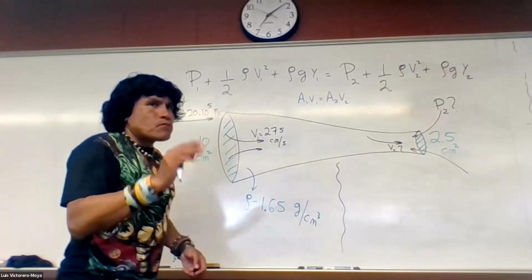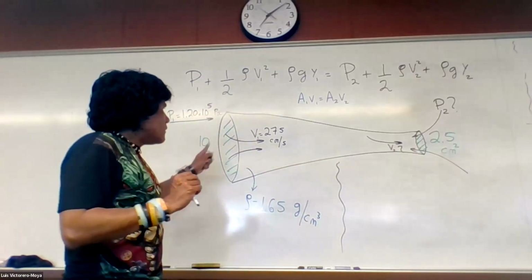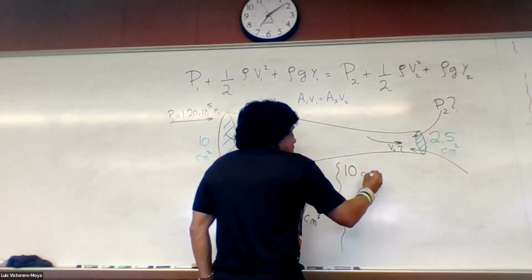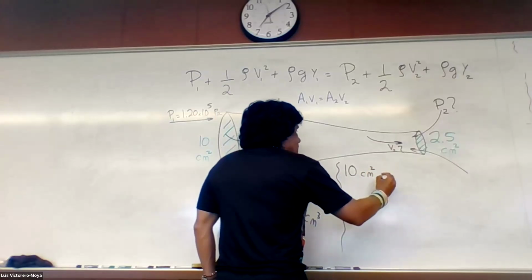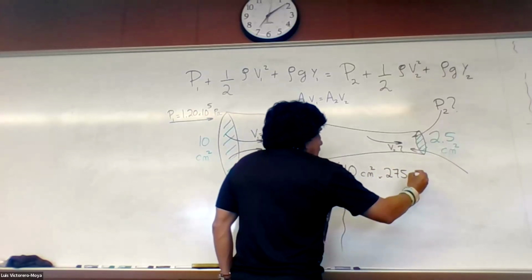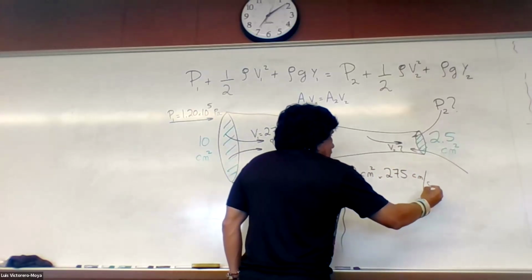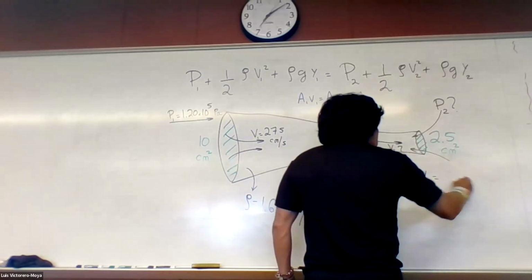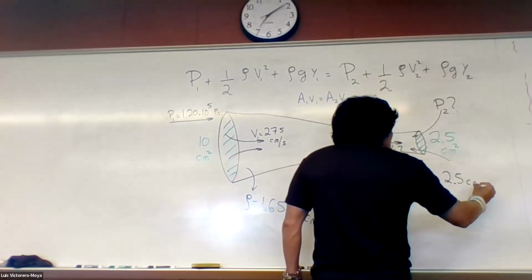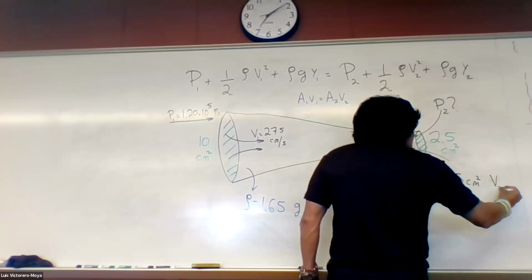And don't worry about the units so far, because look, area 1, velocity 1 equals area 2, velocity 2.